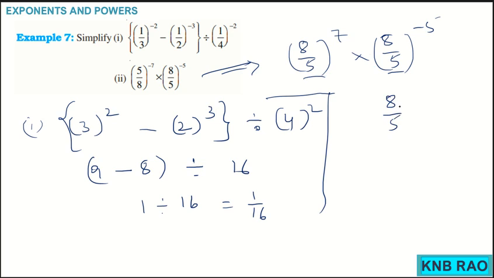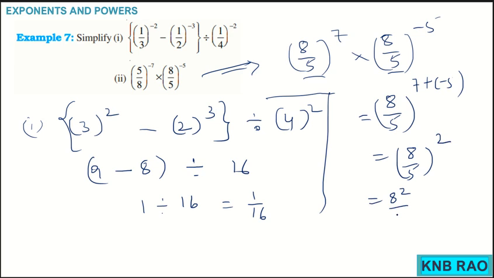Now, it can be further simplified as (8/5) to the power 7 added to minus 5, which gives (8/5)^2, which is nothing but 8 square by 5 square, which is nothing but 64 upon 25 is the answer.